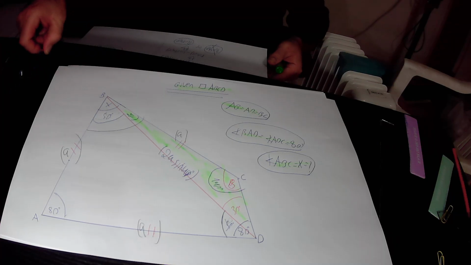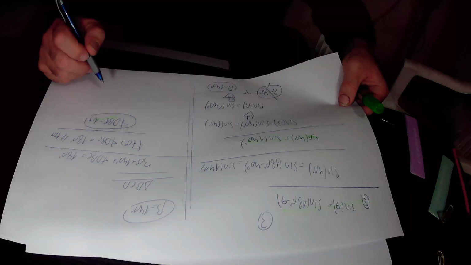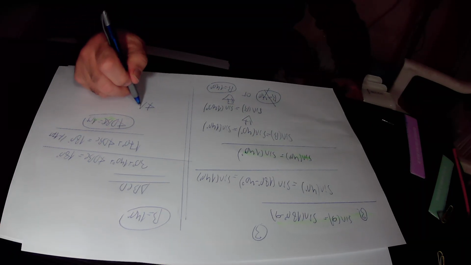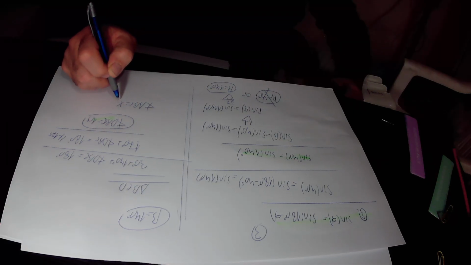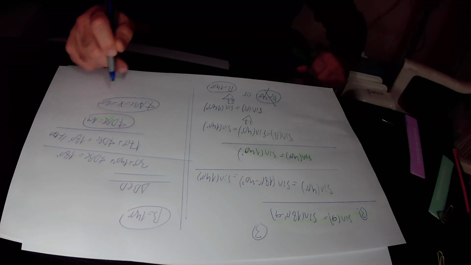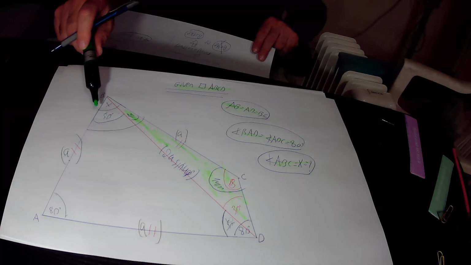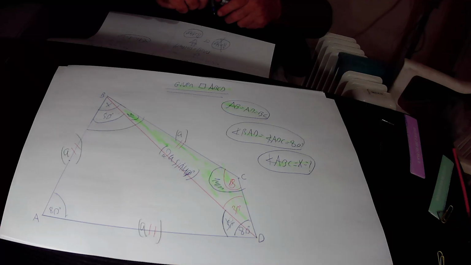So we found out that the size of the angle we are looking for, angle ABC, which equals x degrees, is equal to 60 degrees in its size. So we finish with the first question.